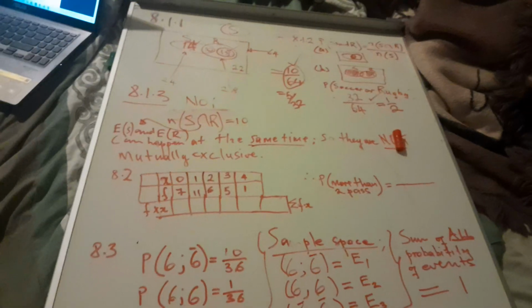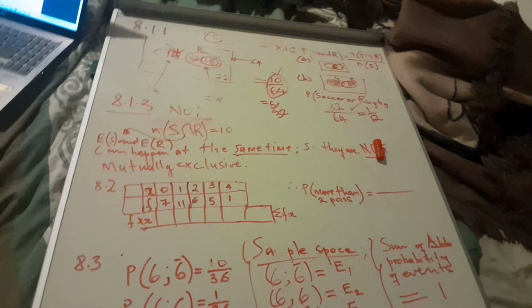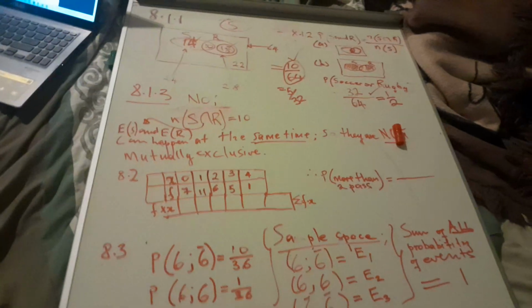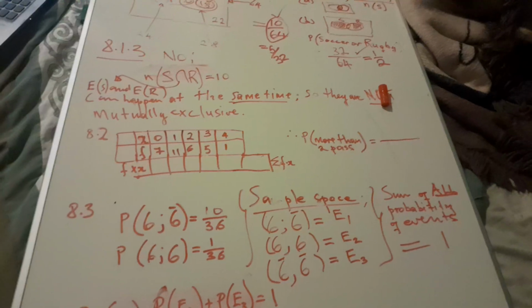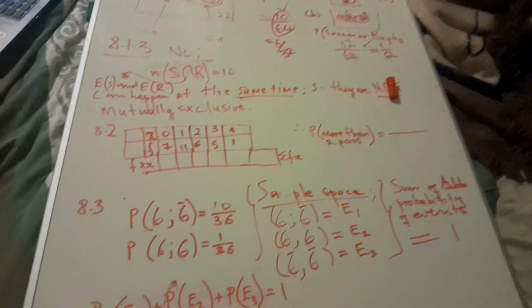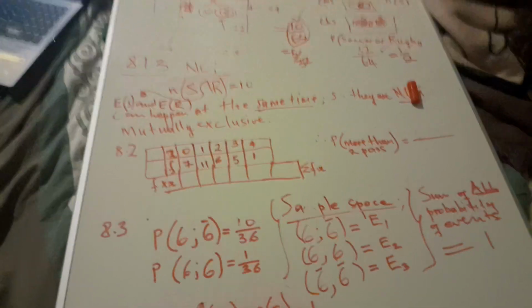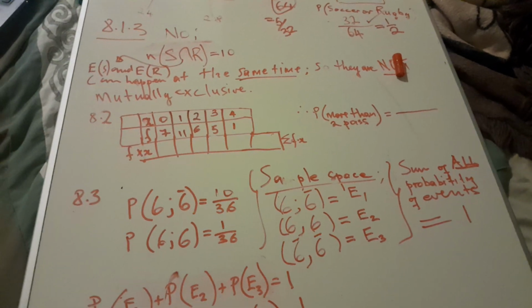From the previous lessons on probability, I said the events are said to be mutually exclusive if they cannot happen at the same time. They don't have anything in common. They don't have common outcomes, those events.